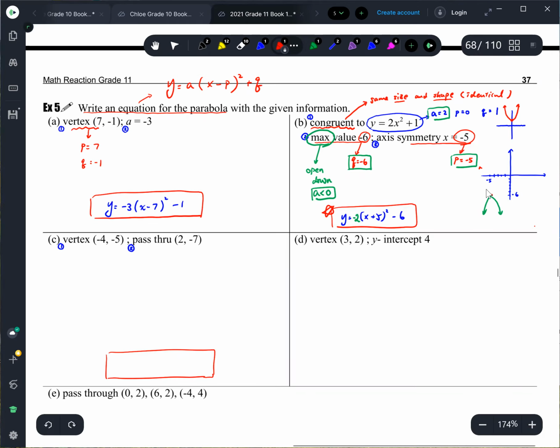And you can start by drawing a sketch, okay, if you don't know what to do. At least you can figure out if it's open up or open down, okay? Make a sketch.